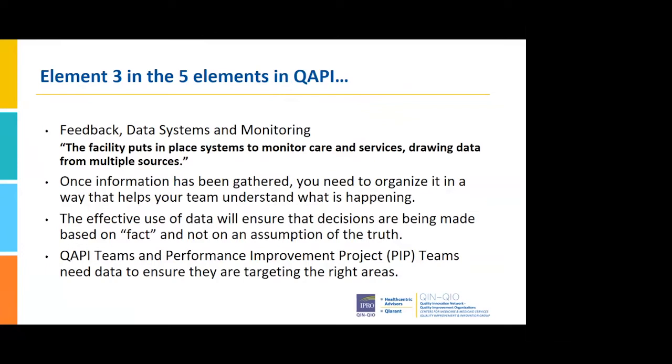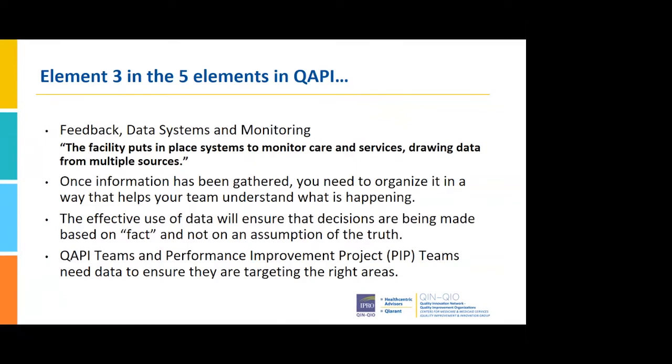Now, just for a quick review, within the 5 elements of QAPI, element 3 speaks to feedback, data systems, and monitoring. And the key points within this element talk about having a system in place to monitor care and services. It talks about once you collect it, you need to organize it in a way that's understandable to your team.